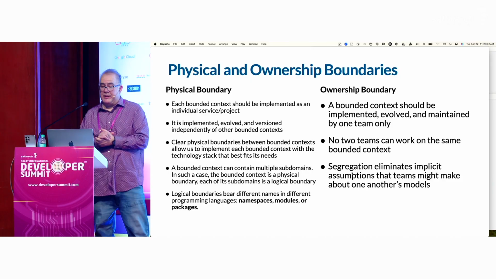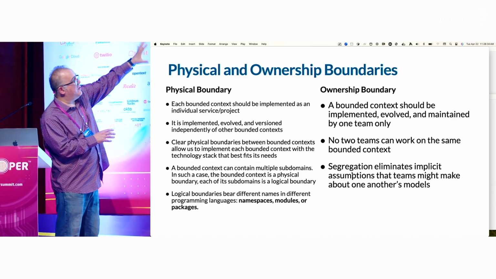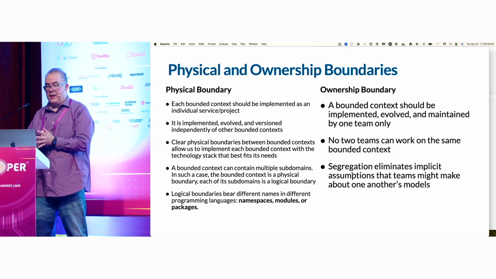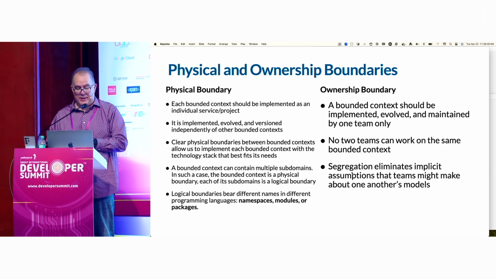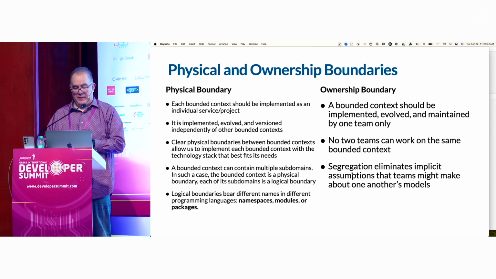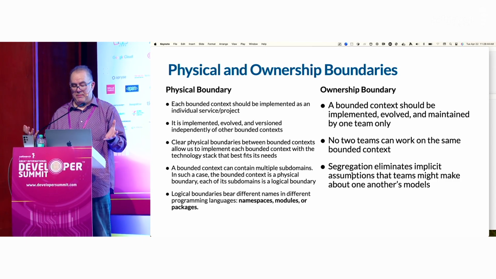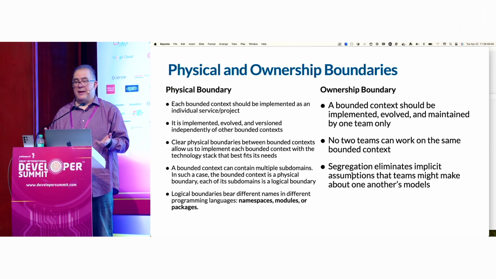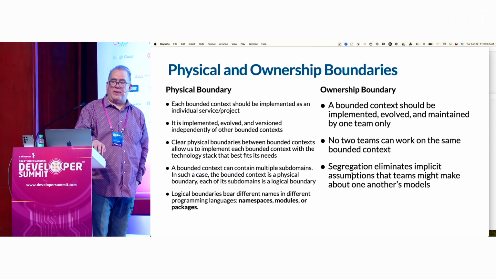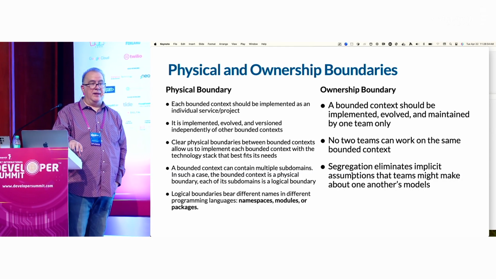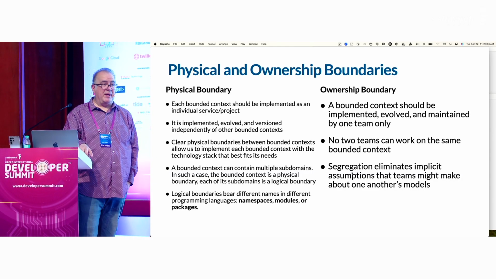As far as the bounded context, you have physical boundaries and you have ownership boundaries, okay? Each bounded context should be implemented as a project. Clear physical boundaries between bounded contexts. Implemented, evolved, and versioned independently from other bounded contexts. Now, keep in mind, this came out in 2003, and the idea for a microservice came out in 2011.